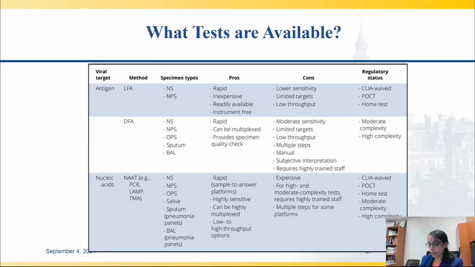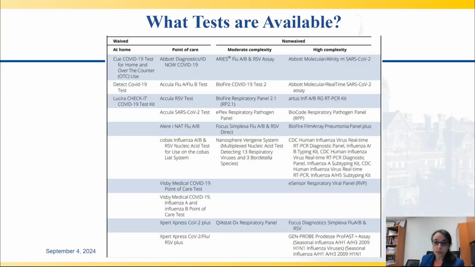This can provide an alternative, but we should acknowledge that this will be less sensitive than a nucleic acid amplification test. We still hear about and have in the textbook DFA, direct fluorescent antigen testing, and serology and viral culture as well, but we don't recommend those for routine diagnosis of respiratory viruses any longer.